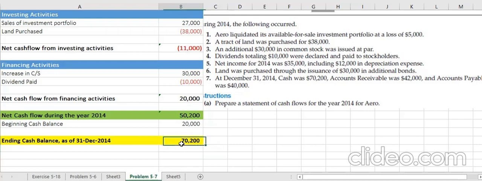Out of that, 20 was already available, and 50,200 is the net cash I generated during 2014. This 70,200 is also the same balance given to us as of December 31st, 2014.